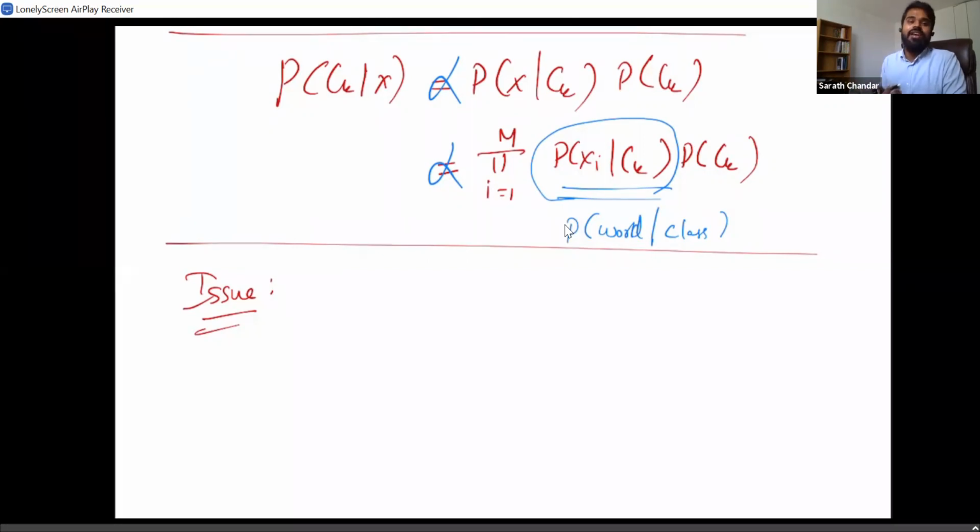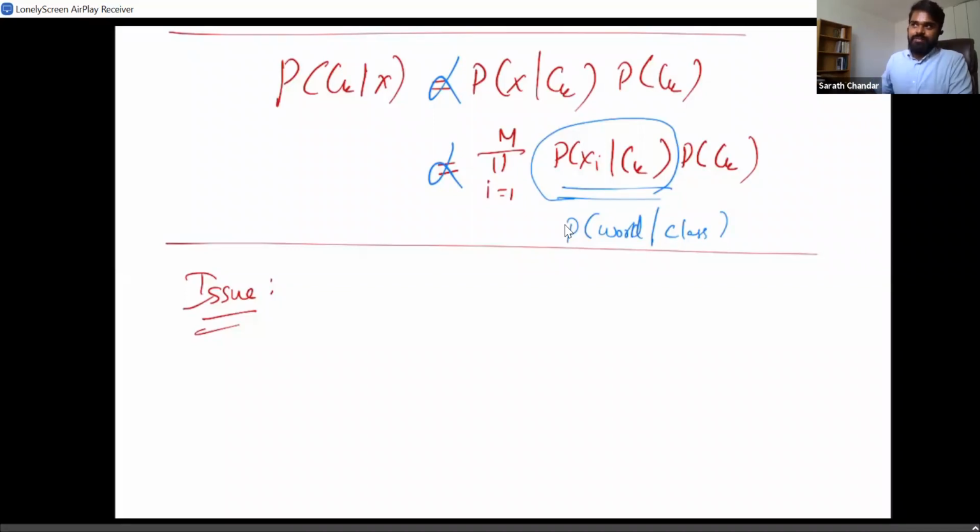Maybe you could have football in politics, but the point is there are many words which are not going to be there in every class. So for those words, the probability of x_i given c_k, since we are just counting the occurrences, is going to be 0. When one word has a probability of 0, then the whole term, since it is a product, is going to become 0. So most often you're going to get 0 as the answer, but in reality there is some probability for every class. So this is not a very useful classifier.